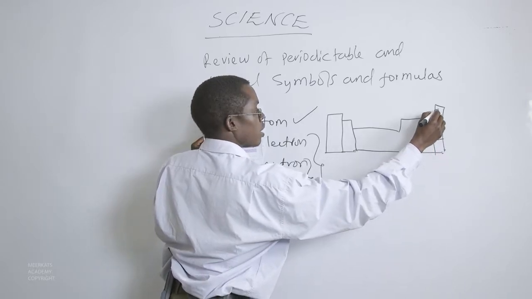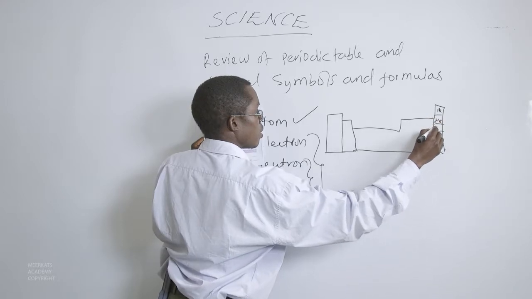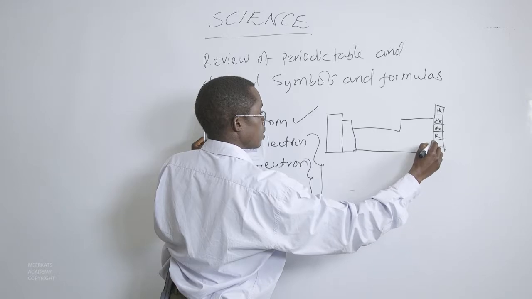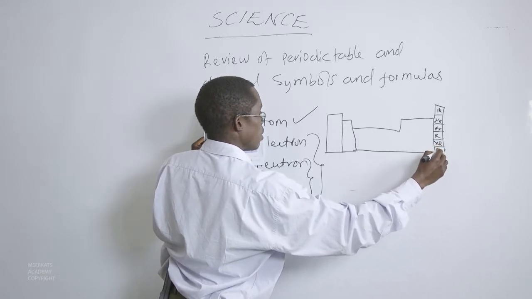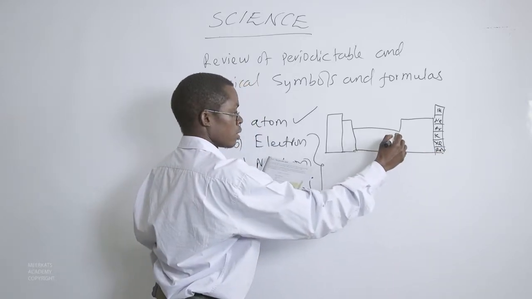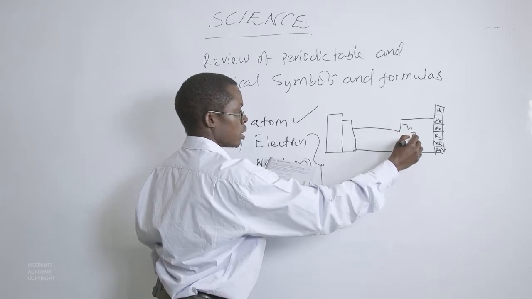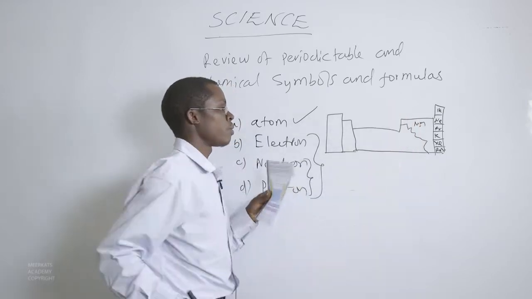So we have helium, neon, argon, krypton, xenon, and radon. Now the question is asking, at this point we have a zigzag to show this is the non-metal part we were talking about.